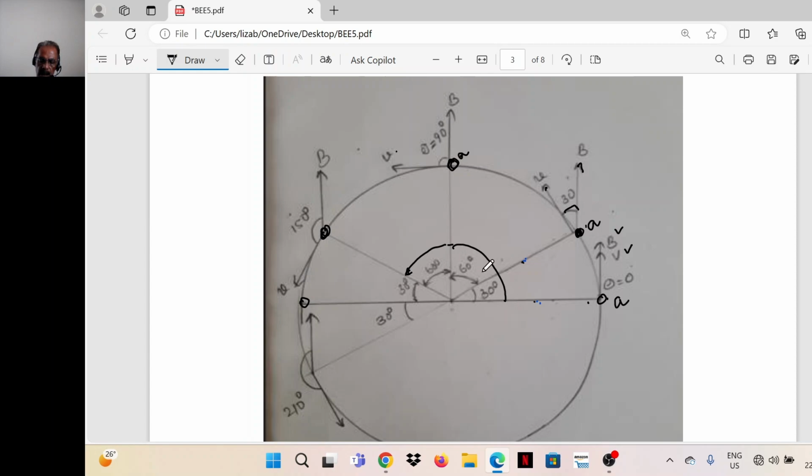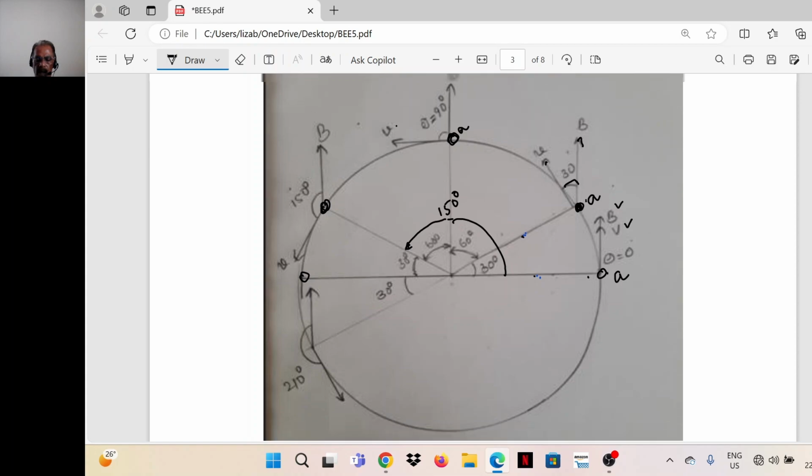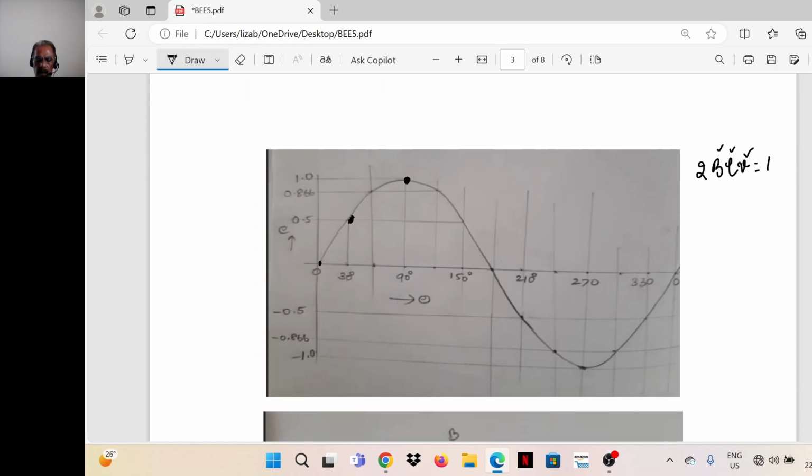This angle is 30 plus 60 plus 60. So the equation for induced EMF is 1 into sine 150, which again is equal to 0.5.